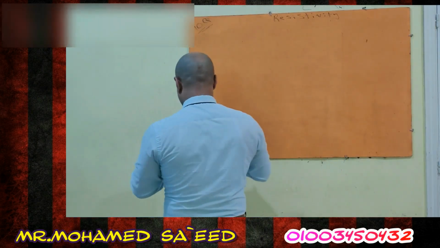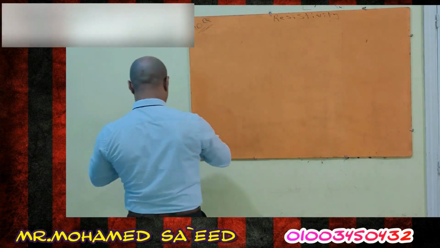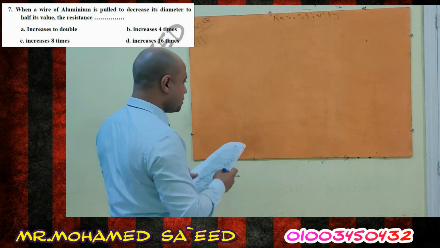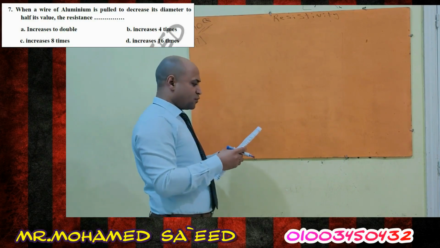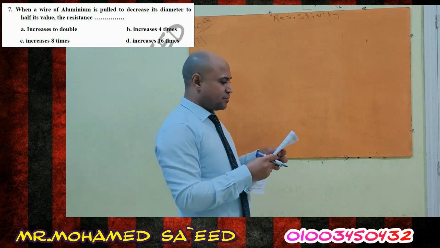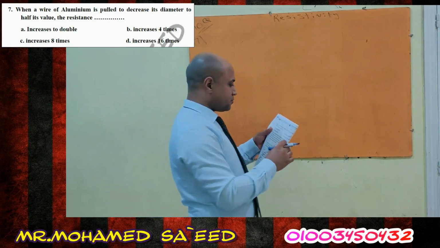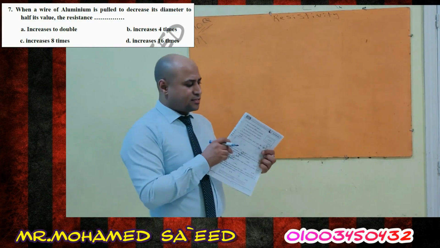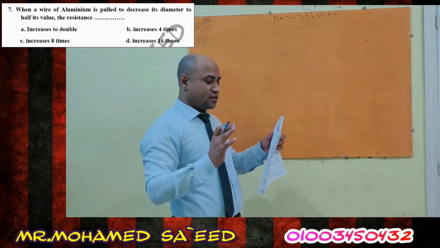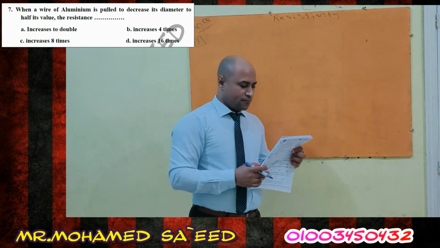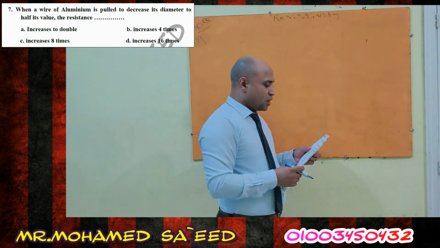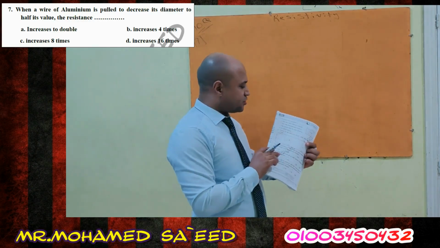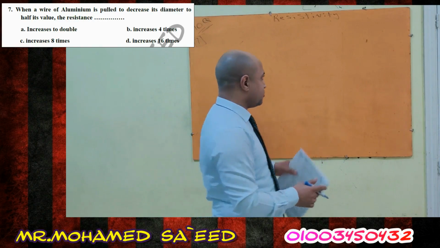Question number 7. When a wire of aluminium is pulled, equivalent to stretched, to decrease its diameter to half its value.